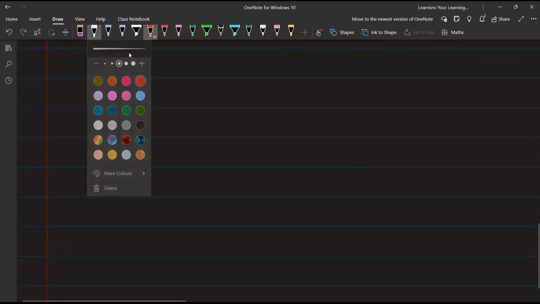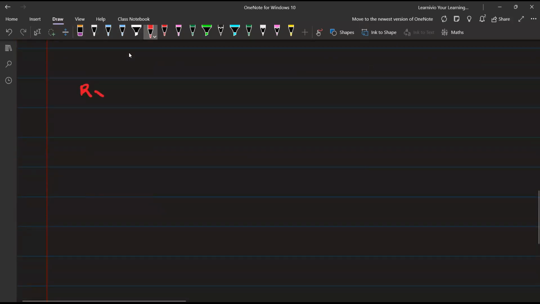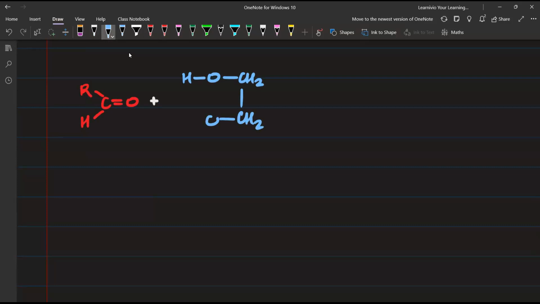So let us suppose we have R, C double bond O and H. This is our aldehyde. Plus we have an alcohol. I am writing the alcohol. Just don't write now. Try to see, CH2, CH2 and OH like this. So basically what is going to happen? Water molecule is going to be removed. Okay? And this oxygen will be bonded to carbon. This oxygen will also be bonded to carbon, which will lead to a product which will look something like this.